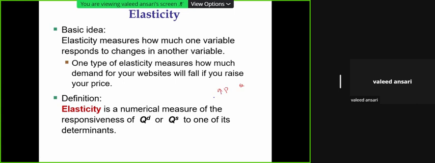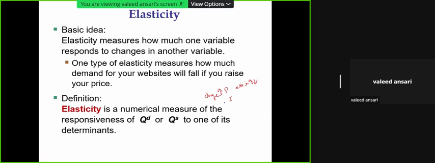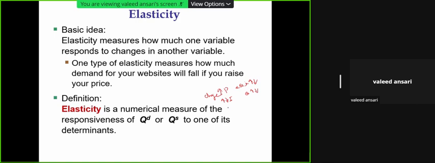How much a change in P, one variable, will affect the other variable, whether demand will increase or decrease. Or income, another variable: if you increase or decrease it, how will the quantity of a particular good be affected. Or if the price of substitutes increases or decreases, how it will affect the quantity.